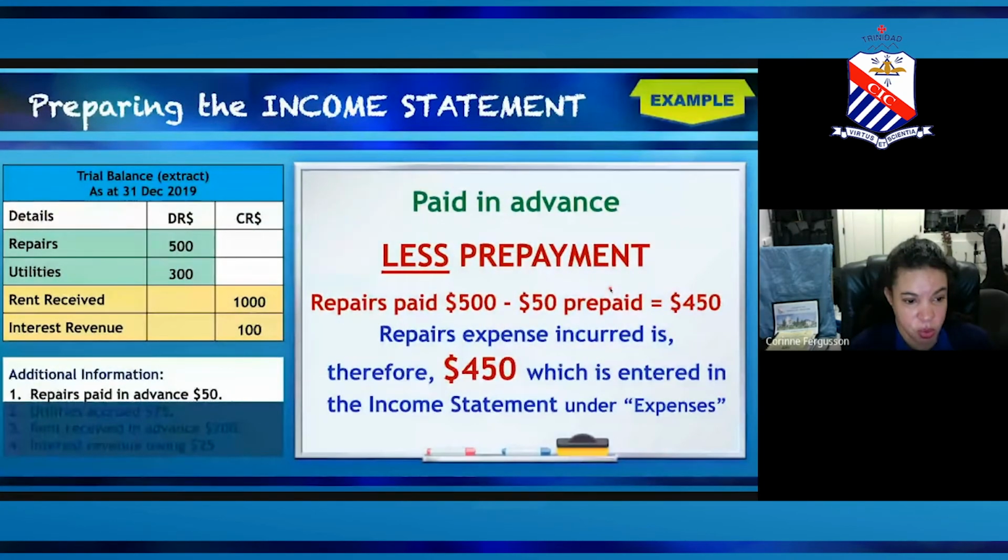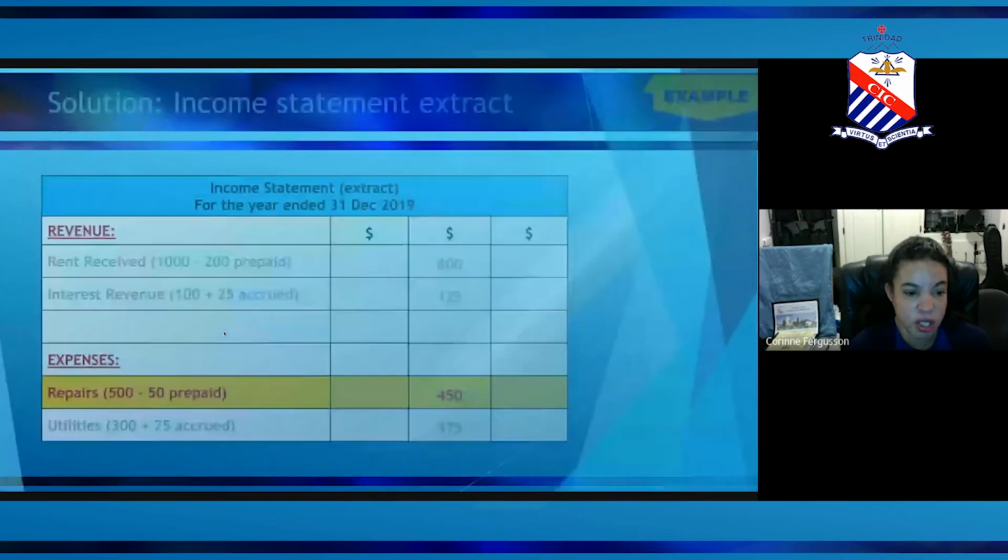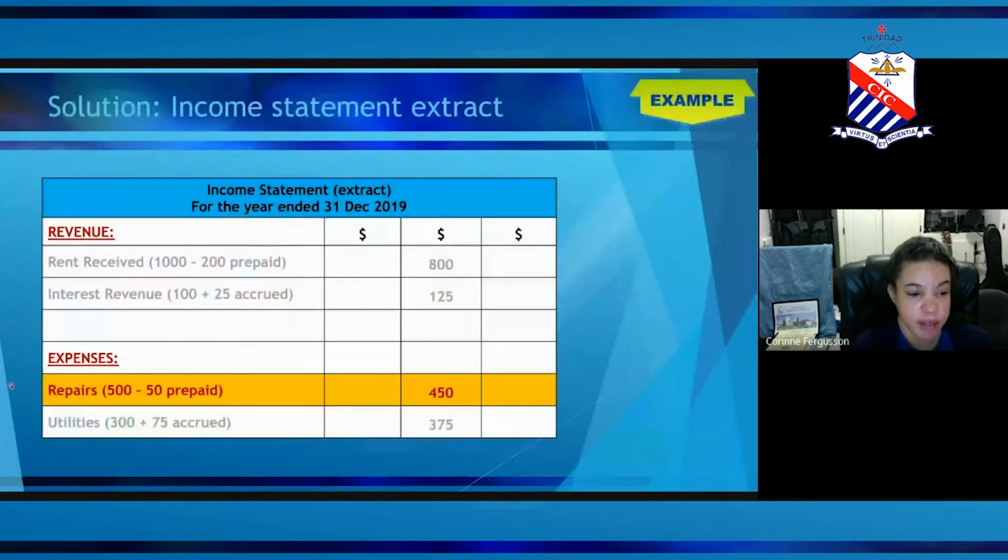So let me just go back and show you what I want when you're dealing with this. So you have your expenses. Repairs is an expense. You go down here and you see that we have a prepayment. So what you will do is you will go into your income statement. You have expenses. You put repairs.